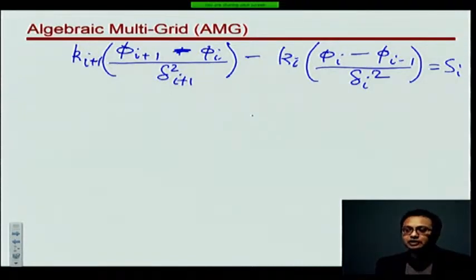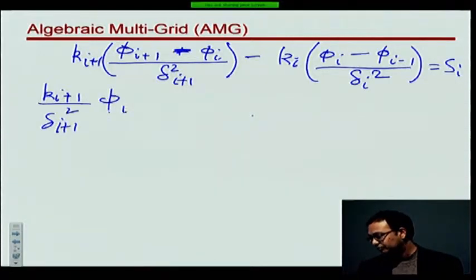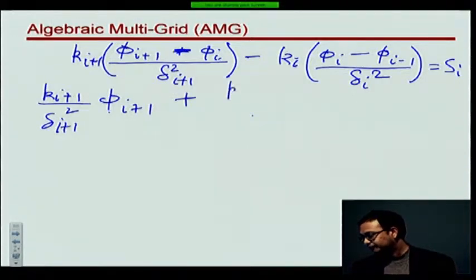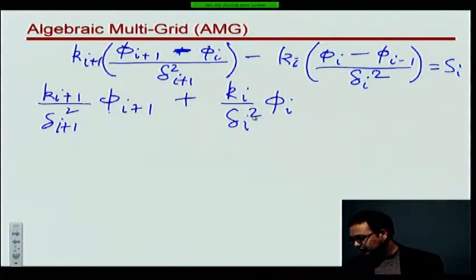Okay, so here if you look at it, you have different link coefficients. For example, in front of the phi_{i+1}, you have k_{i+1} over delta_{i+1} squared, and this is what pre-multiplies phi_{i+1}, and then you have a different coefficient multiplying the phi_{i-1}.